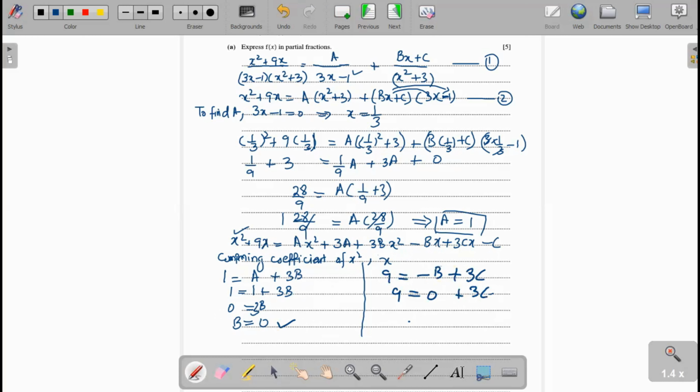Therefore, c will be equal to 9 over 3, that is equal to 3.